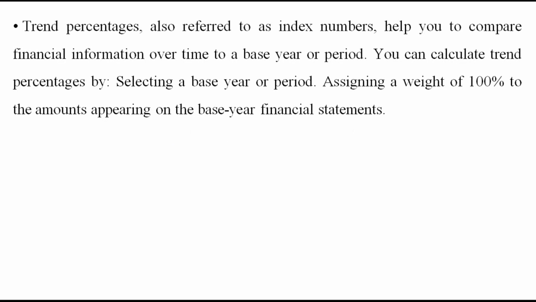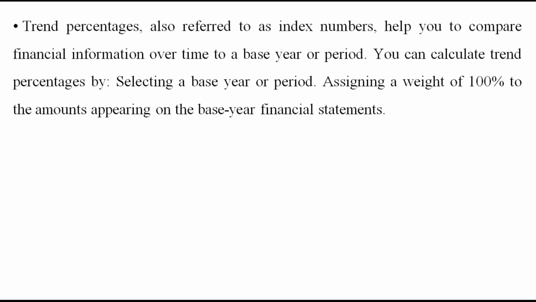Then the last topic of this video is trend percentages. As the name suggests, trend percentages means the trend which is being followed, and this trend is generally not of only 1 or 2 years; a minimum of 3 to 4 years of trend is calculated. It is also referred to as an index number, especially in statistics or economics, and helps to compare financial information over time against a base period.